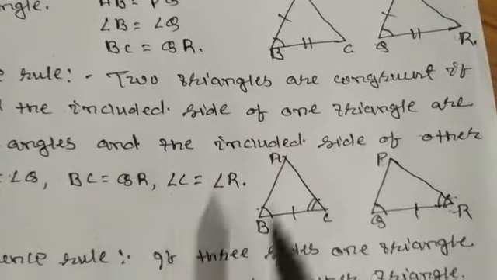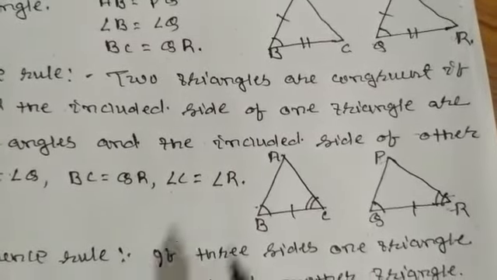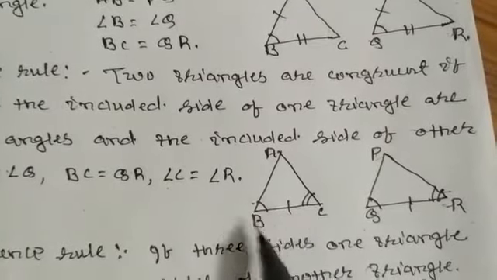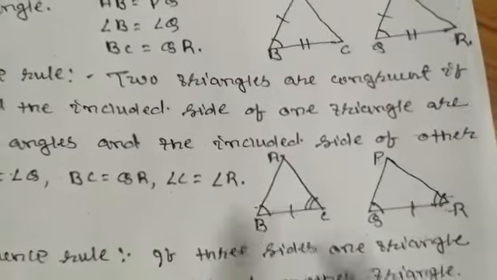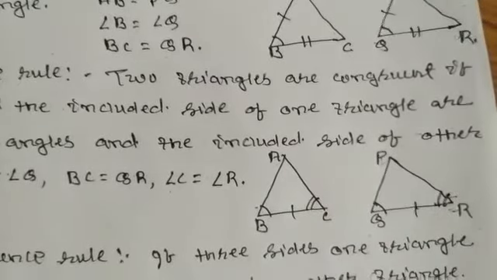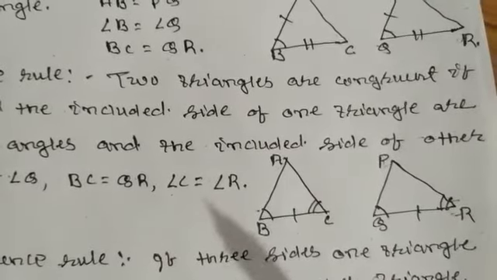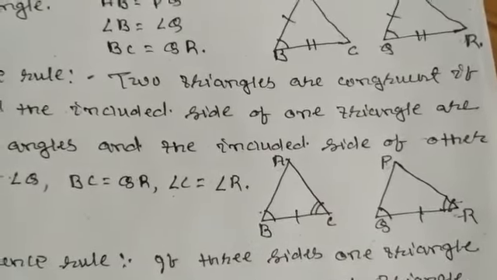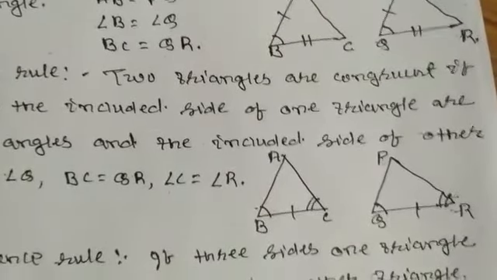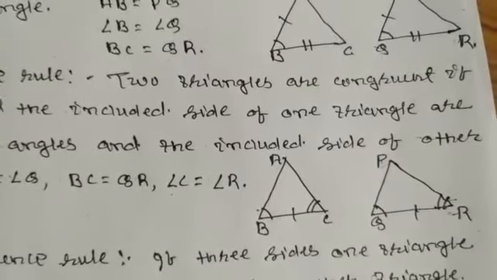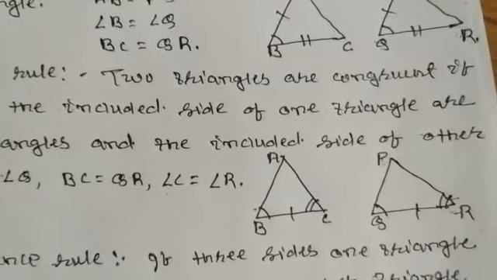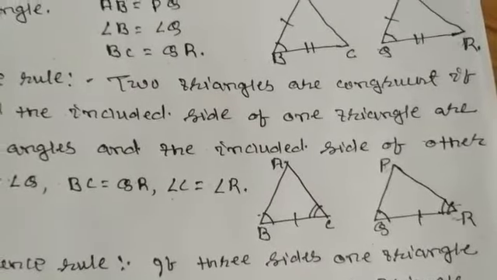Now there is a corollary of this condition. Suppose BC is not equal to QR, but another side AB is equal to PQ. Will it be congruent or not? Then it will also be congruent, but not by the condition ASA. Then it will be the condition AAS, meaning angle, angle, side.